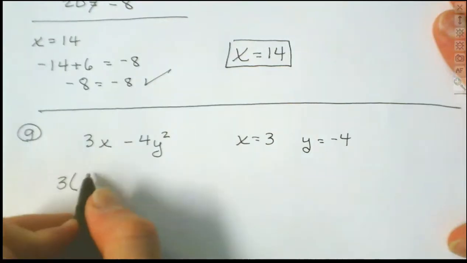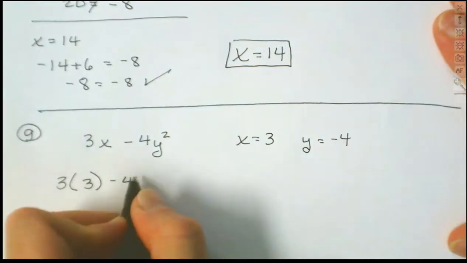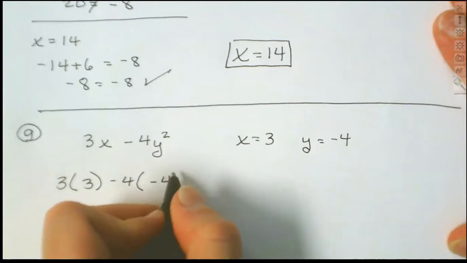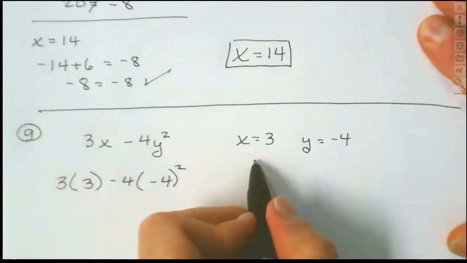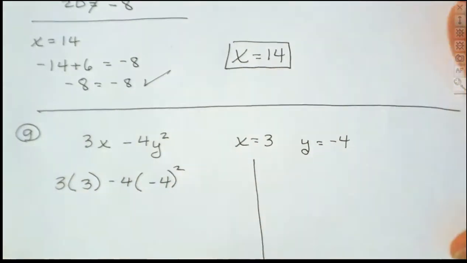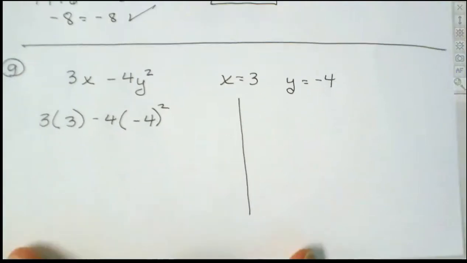So we'll go ahead now and plug in our variables. And this is where students may make a mistake. May make a mistake with the signs.